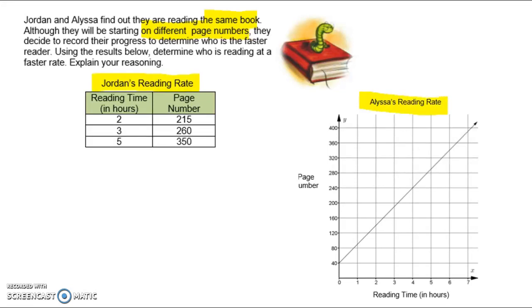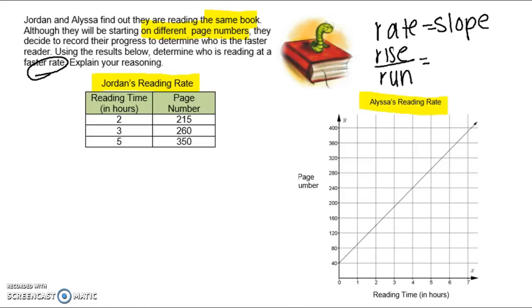We need to use slope. So when it's talking about determine who's reading at a faster rate, the word rate is equal to slope. And remember, slope is rise over run, or the change in y over the change in x. So when I look at Jordan's reading rate, my table, his reading time in hours is x, his page numbers in y.